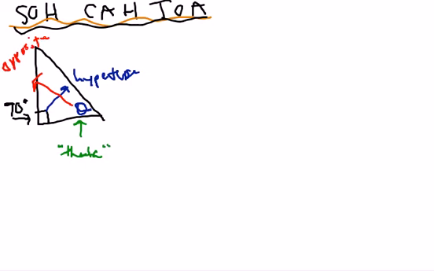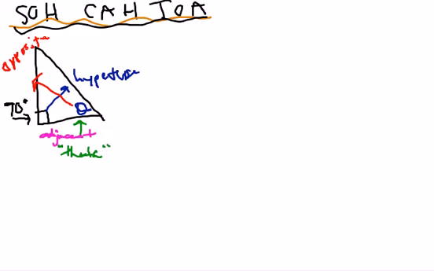If it's adjacent, it would be adjacent to your theta, hence called the adjacent side. So this side here would be your adjacent. It all depends on the location of your theta. The hypotenuse is easy to find because it's directly opposite the right angle, but your adjacent and your opposite sides are highly dependent on where your theta is found.